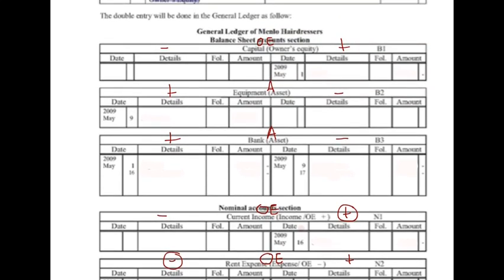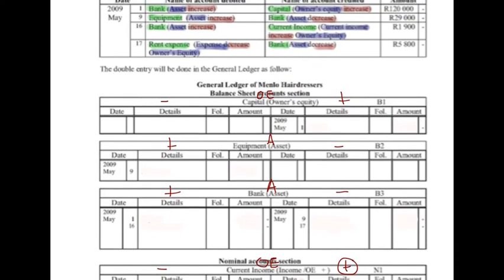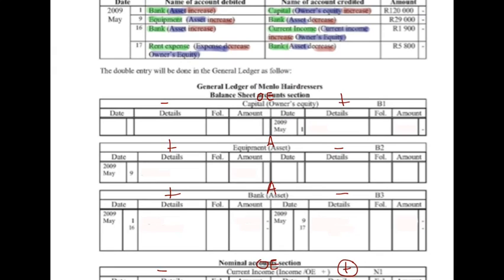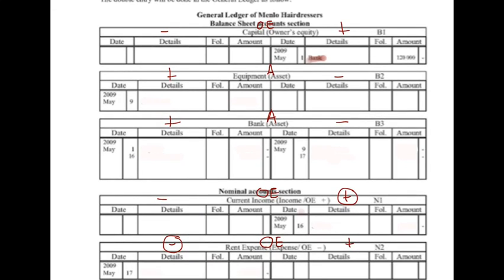So my first account to be used is capital, and I wanted to increase my capital, therefore I need to put it on the credit side. I'm going to say it's going to go to bank, 120,000 Rand. So therefore I write the entry of where it's going to go in my details column. That's your contra account details. So in bank, I then have to say that 120,000 increases my bank.